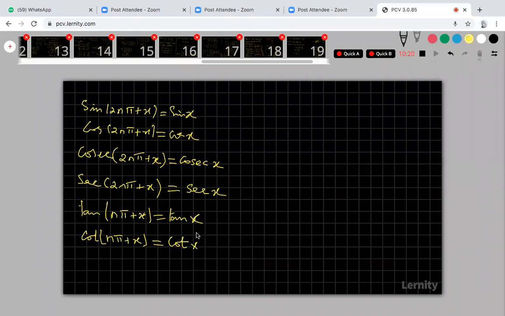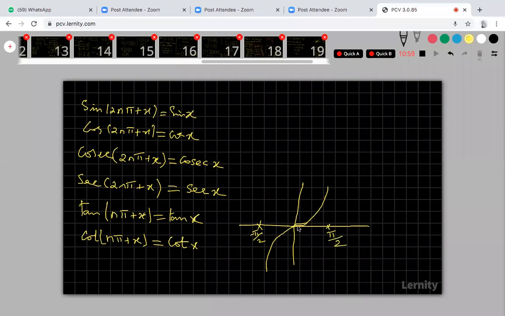Please note that here this is 2n pi, here also 2n pi, this is also 2n pi, but here it is only n pi because of the tan x curve. Look at the graph of the tan x curve. It is coming like that. Here it is minus pi by 2, here it is plus pi by 2.